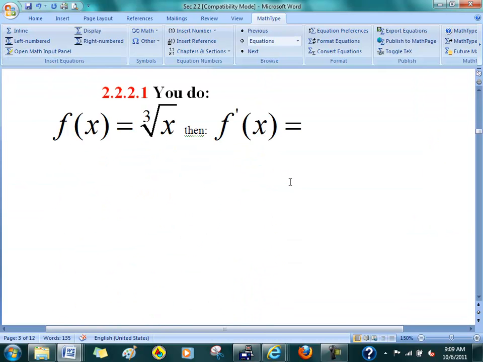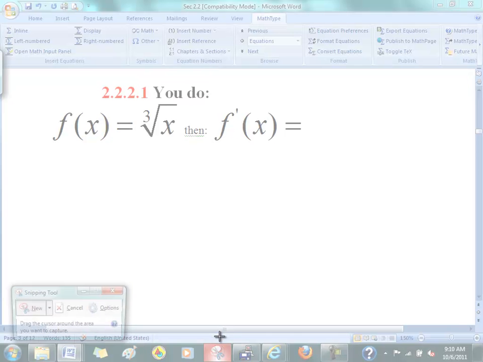Okay, you guys do this problem here. So the first thing that you should do is, yeah, Leila? Nice, and that would be? Okay, good. Okay, you guys do that. Remember, you're trying to find the derivative of this. Hang on, Leila, let me get this up here.